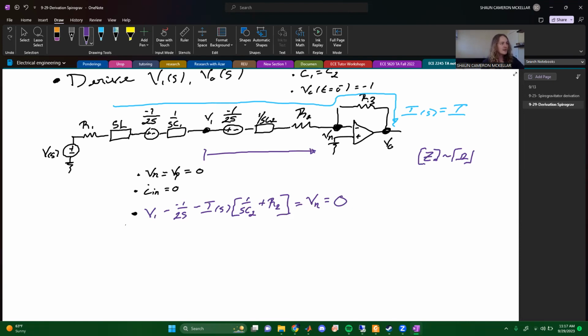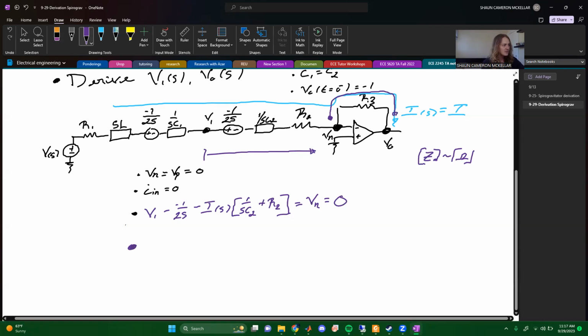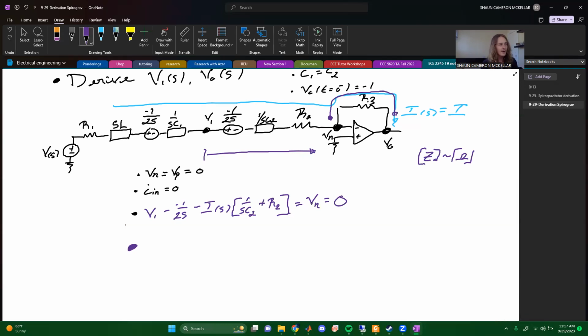Now let's do another equation. I'm going to start in purple still. I'm going to start at terminal V sub n and go up and over to V out. So what is that equation? I'm going to give you a moment to think about it.